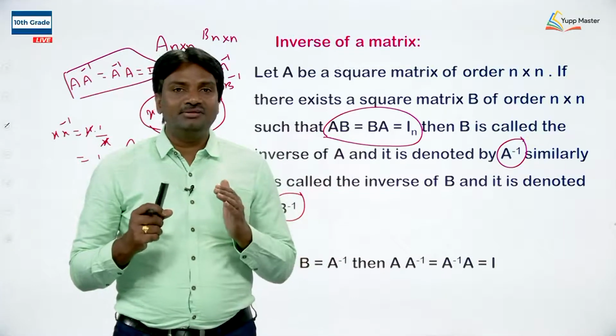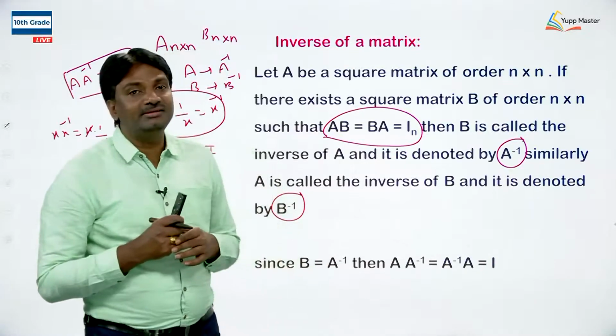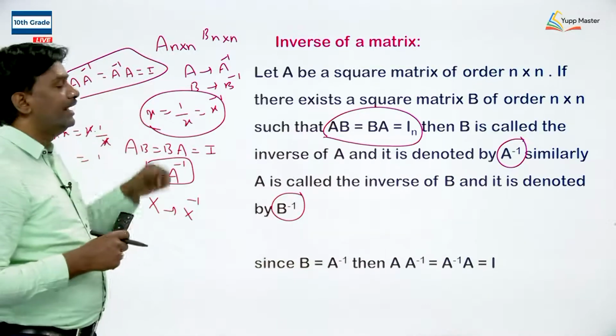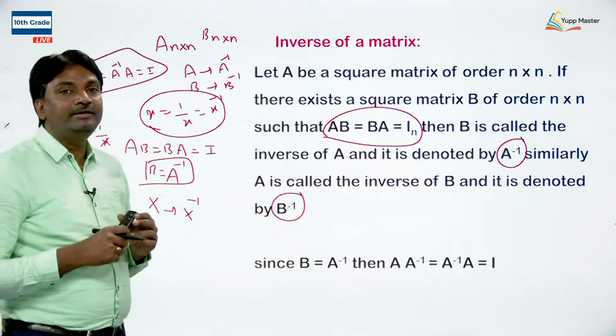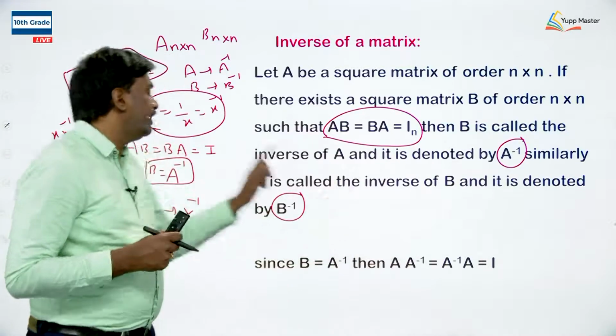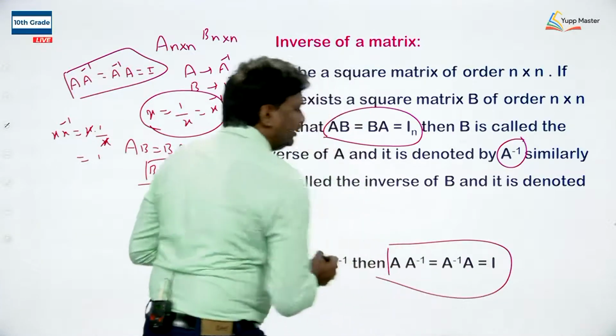Like that, in matrices, if you multiply the given matrix by its inverse, then you will get the identity matrix. So, A into A inverse equals A inverse into A equals identity matrix I. Since B equals A inverse, this is the most important formula.